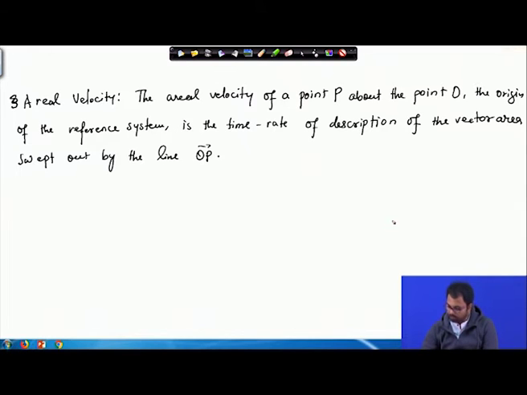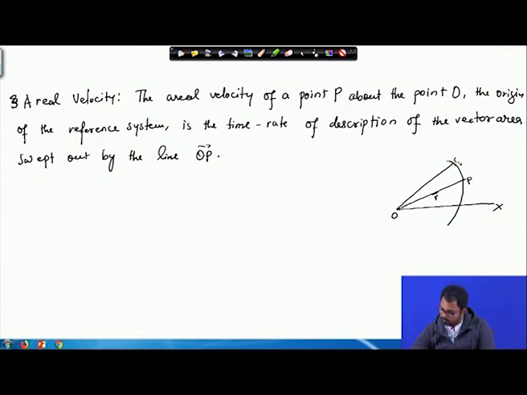Suppose we have a line, this is our reference line OX, and this is our given curve, and this will be our point P. This is our vector r, and this is our point, let us say Q, and this is r plus delta r.